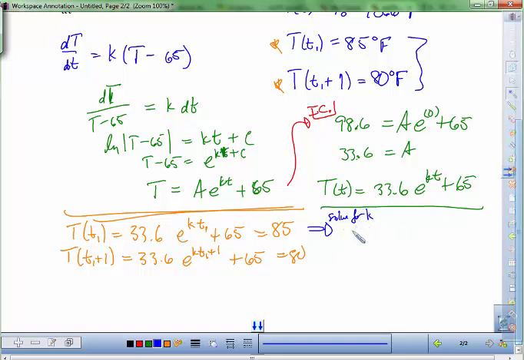So this would be, bring the 65 over to the other side, divide by 33.6, take the ln. All right, too many steps.